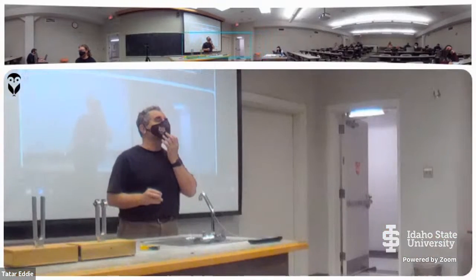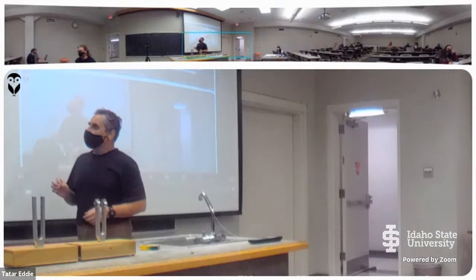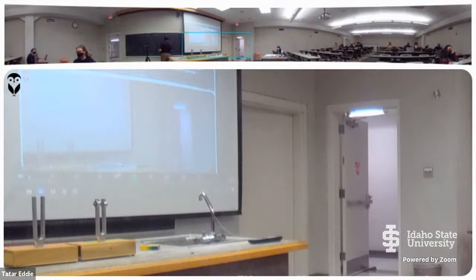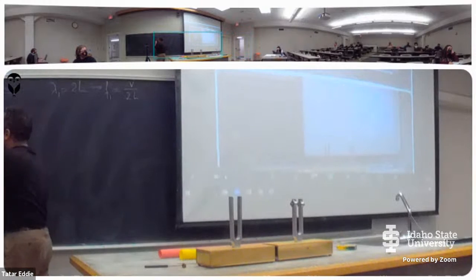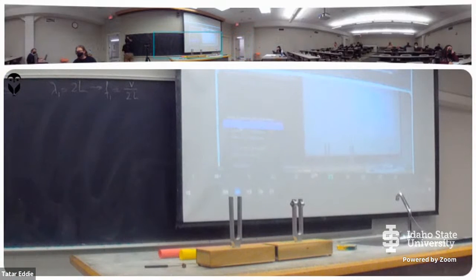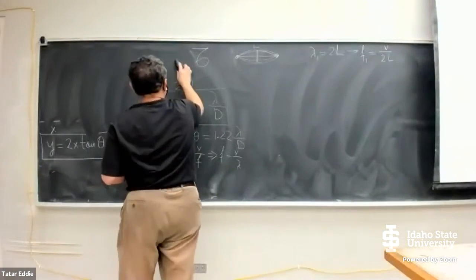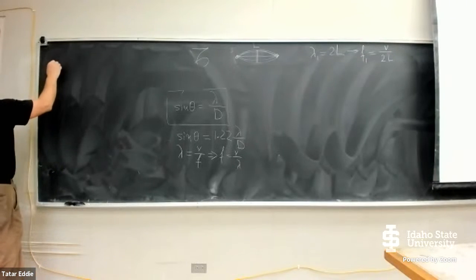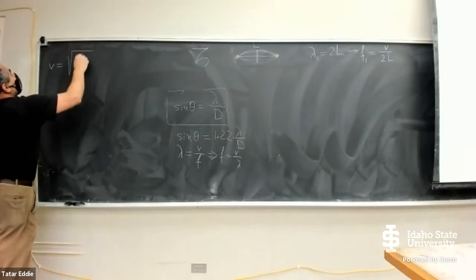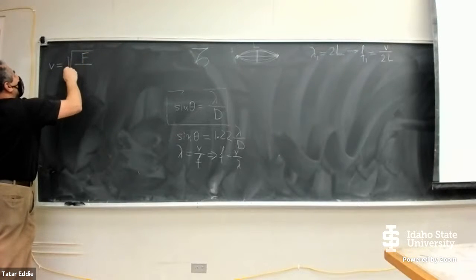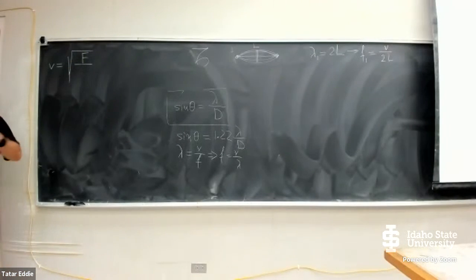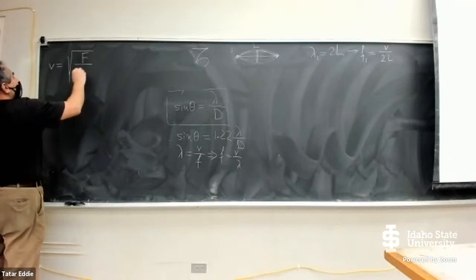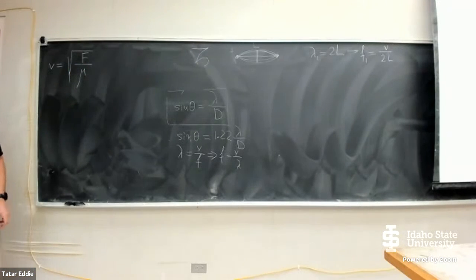For some of the questions in the homework assignment, you have to recall that the speed of propagation of a wave on a string, transverse wave on a string, is given by the square root of the tension force in the string, how hard you tense that string, divided by the mass density of the string.